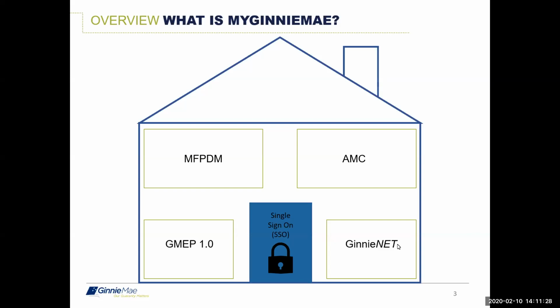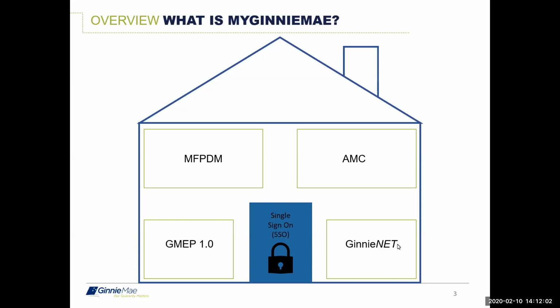Now, the front door of that house is where the lock and the security features reside. So what happens is single sign-on. That means you use one username and one password combined with what's called a one-time PIN, and that will unlock the door. Once you get through the front door of MyGinnieMae, you can walk into the different rooms that you have been assigned.